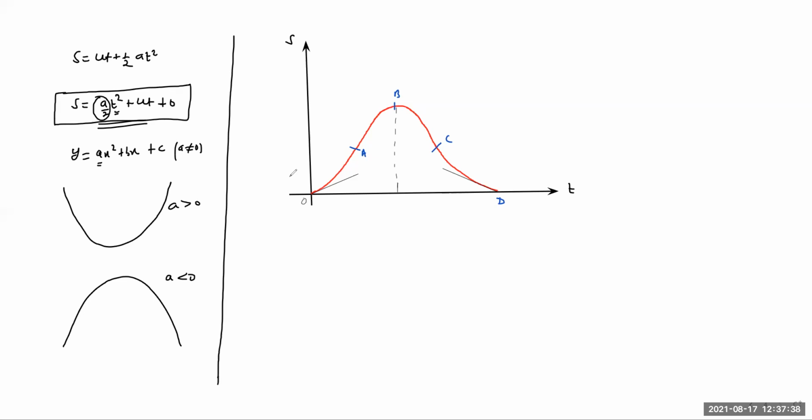Sir, then AB part is retarding and the rest is accelerating. Okay, so AB part is retarding. What about the BC part? Sir, it is displacement, so I think BC is retardation and CD is acceleration.